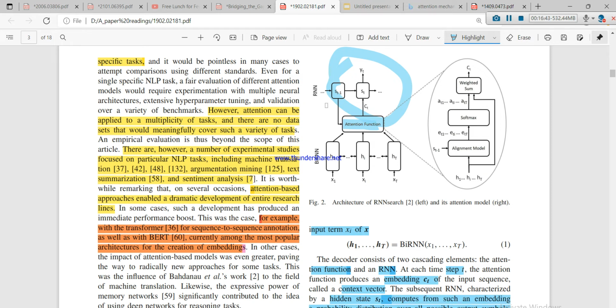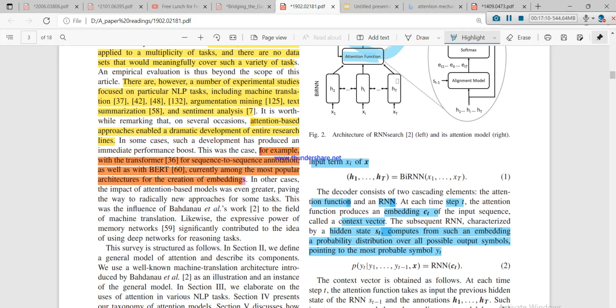Here the concept of probability is used to give more weight: higher probability means higher weight for that word. So it computes from this embedding a probability distribution over all the possible output symbols, pointing to the most probable output yi.